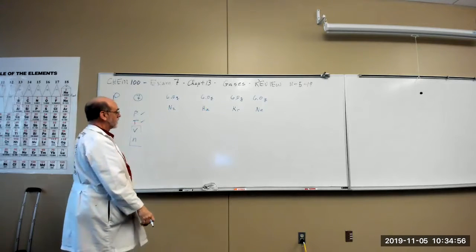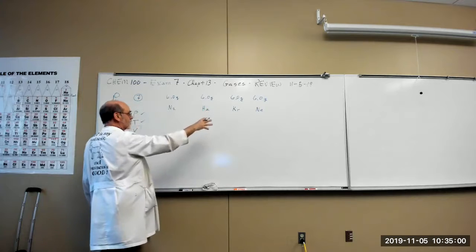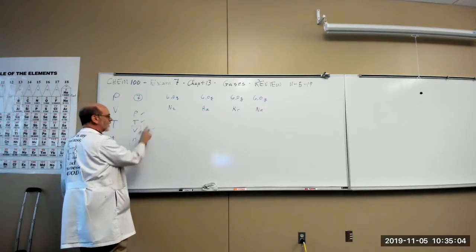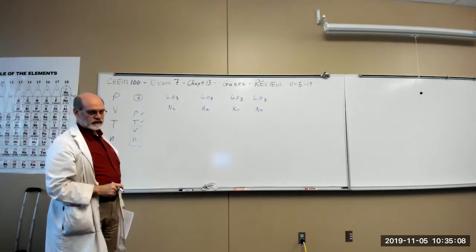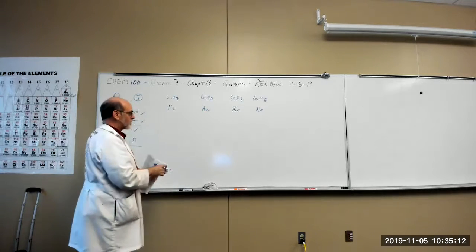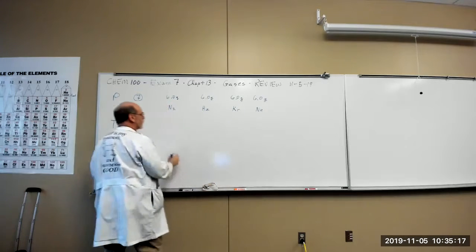That's the question. If each one weighs the same and they have the same mass, then they're all going to be the same volume because you have the same number in there. But do we have the same numbers of molecules in there? The answer is no, because we know now that each one of these weighs something different.